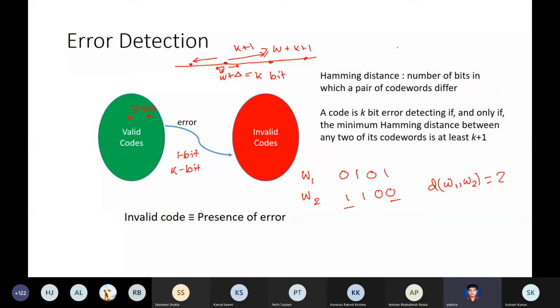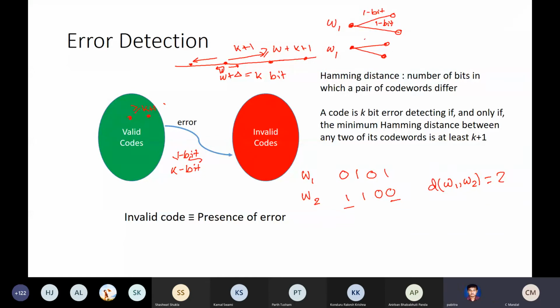Suppose this is a valid code word, and after a 1-bit error it can get perturbed to any of these. An error can be in any position, so it can get perturbed anywhere. And you have another valid code word, let's call it W1. This also may get perturbed to this by a 1-bit error or something.